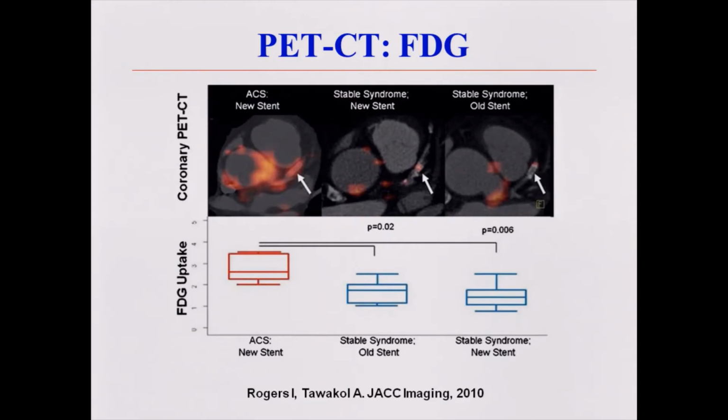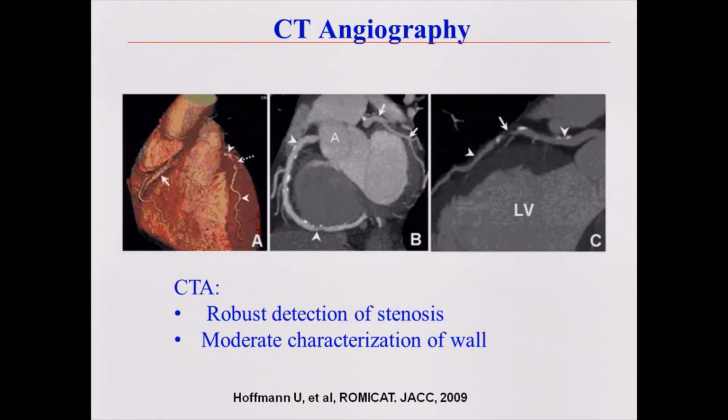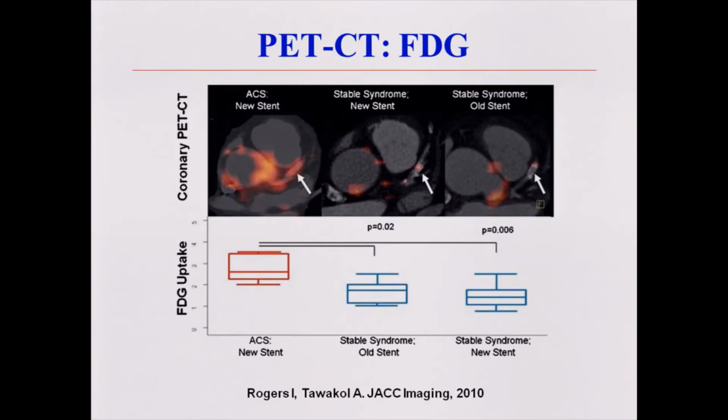As Matthias very nicely showed, vulnerable plaques are inflamed, they're full of monocytes and macrophages. And we know that monocytes and macrophages have very high uptake of fluorodeoxyglucose. So can we use that as a marker of plaque vulnerability? What Ahmed did in the study was to image people with acute coronary syndromes. They all had stents put in, and you see a lot of FDG uptake there.